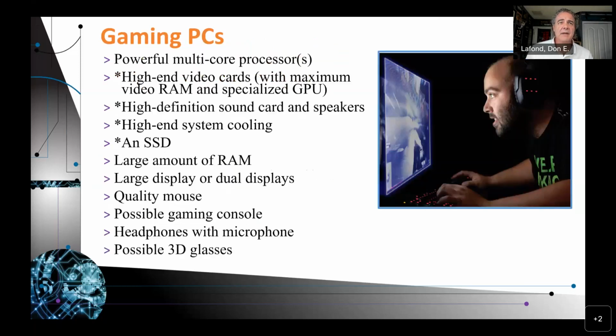A gaming PC has a powerful multi-core processor, high-end video cards with maximum video RAM, and a specialized GPU for crunching the numbers to display the game that you have in front of you. High-definition sound card and speakers, high-end system cooling. I've told you before I have water cooling.